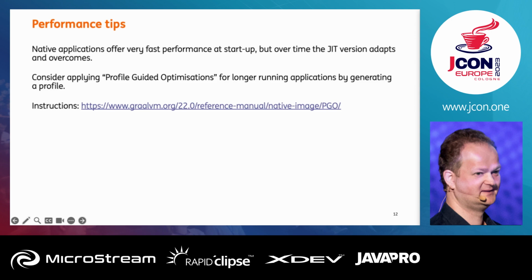So they did come up with a solution for this, and that's to generate profiles and supply those to GraalVM before you build. So you build an application, you start profiling it, and after you've profiled it, you build it again with those profiles, and it should perform give or take the same. I think the examples that I saw were like 3-4% less over time.